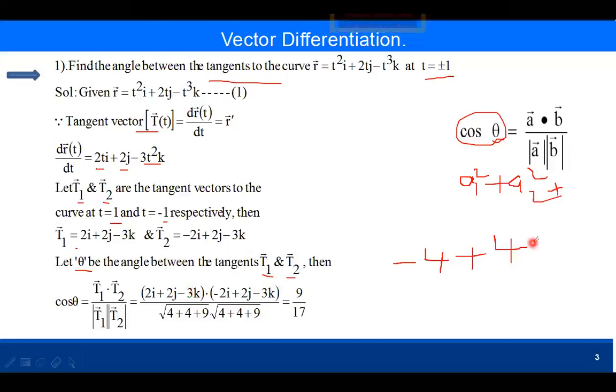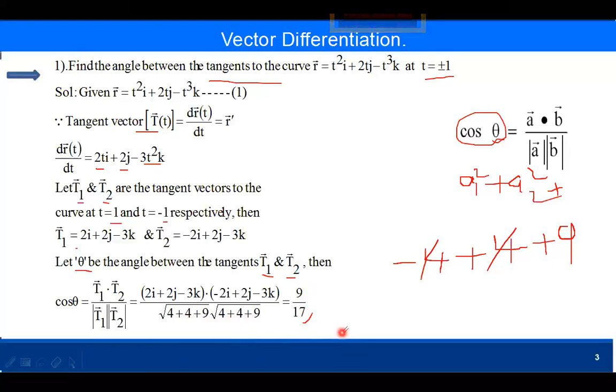So how much do you get? You can cancel this 4 and this 4. So 9 upon, here we get root 17. Root 17 into root 17 is 17. Therefore cos theta equal to 9 by 17, or theta equal to cos inverse of 9 by 17.